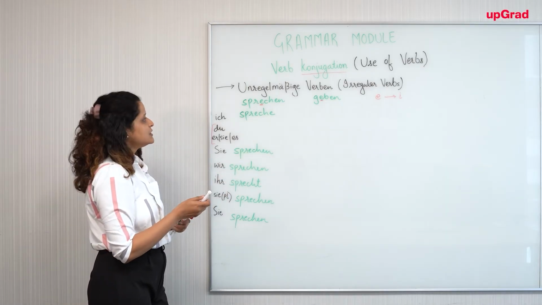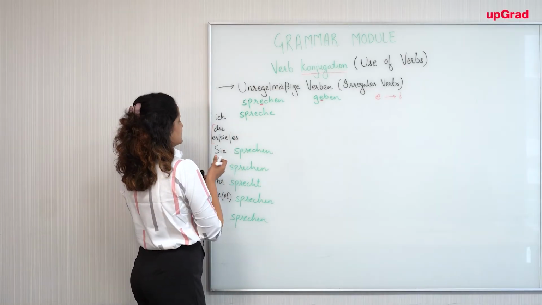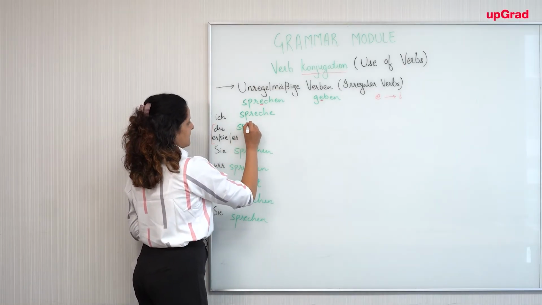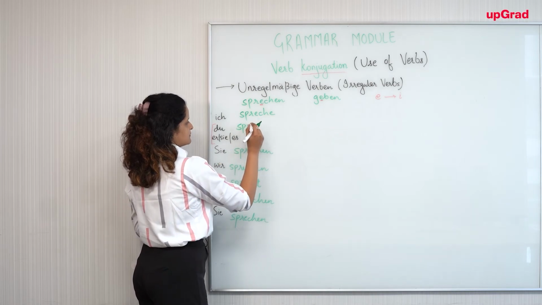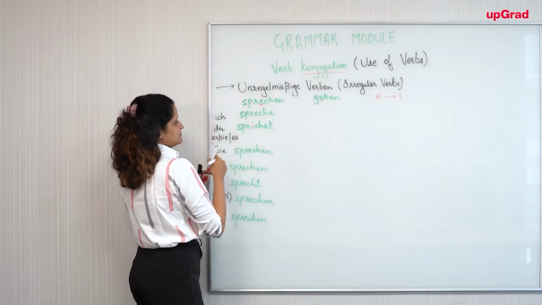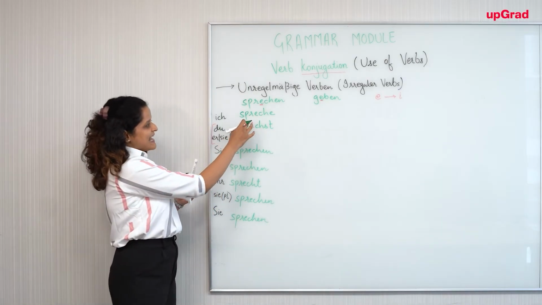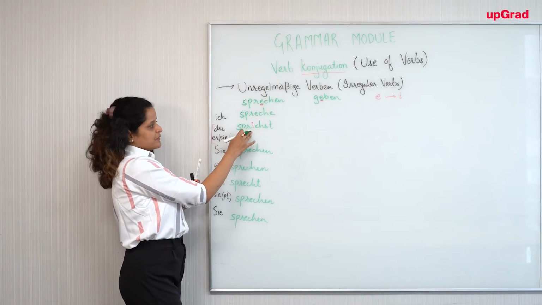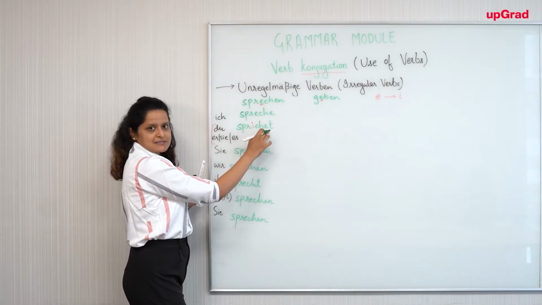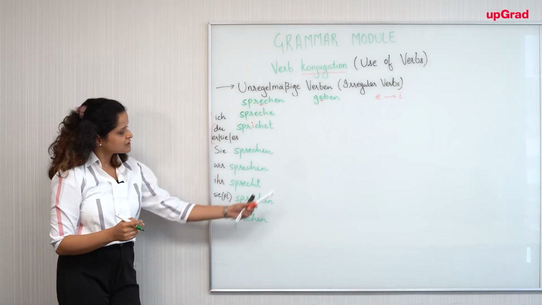That E changes to I. So we have the conjugation as du sprichst. So ich spreche, du sprichst. That ST will still remain, so there is no change in the ending.